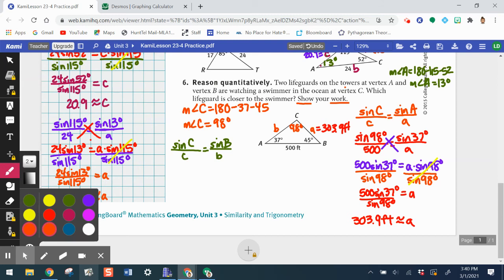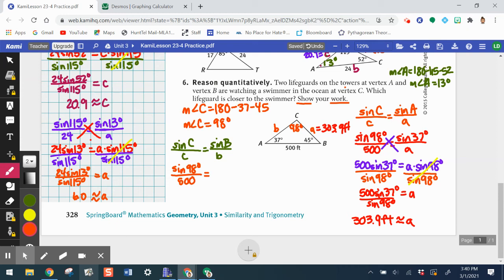So let's replace with known values. So the sine angle C is 98 degrees over its opposite side length, which is 500, equal to the sine of B, which we know angle B is 45 degrees, over its opposite side, which we don't know.